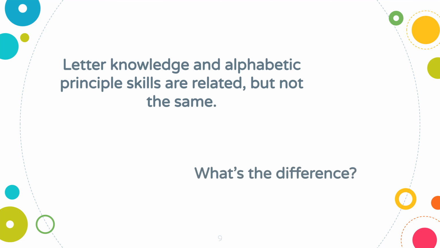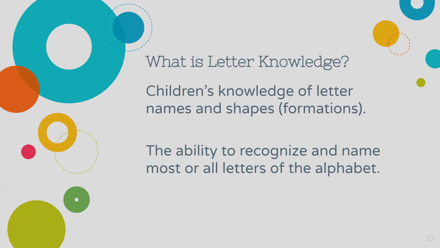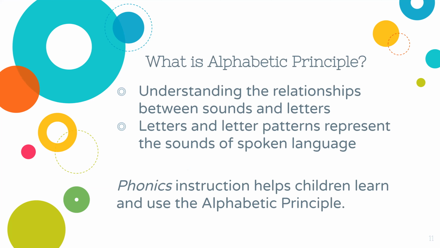So we're going to talk about what the difference is between letter knowledge and alphabetic principle. Again, letter knowledge is just children's ability to recognize and name most or all letters of the alphabet. This letter knowledge does not include the ability to apply letter-sound relationships.